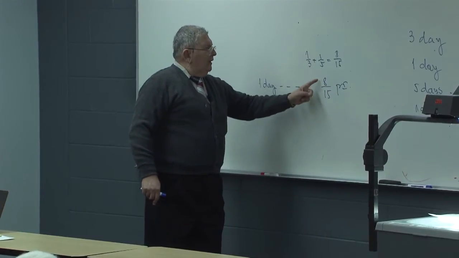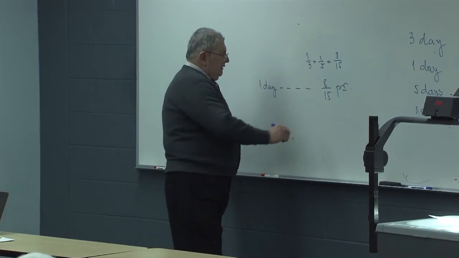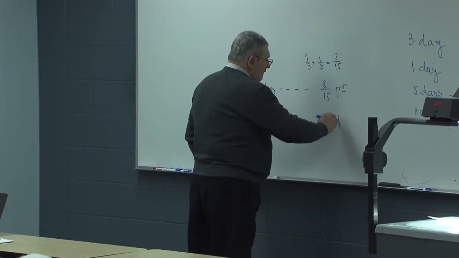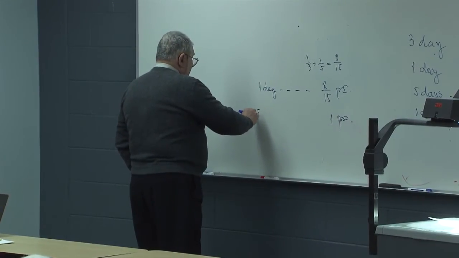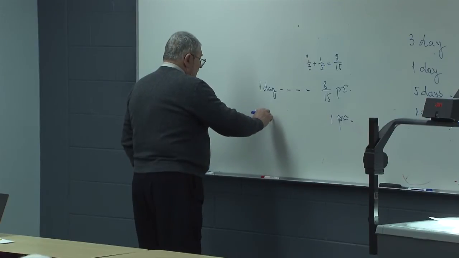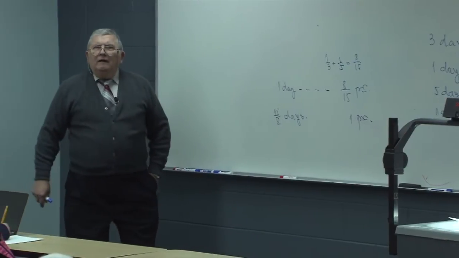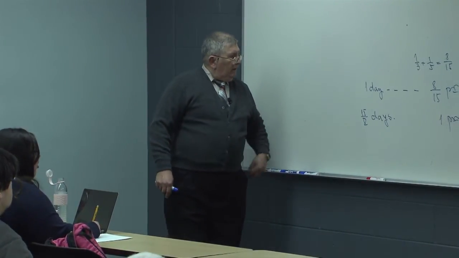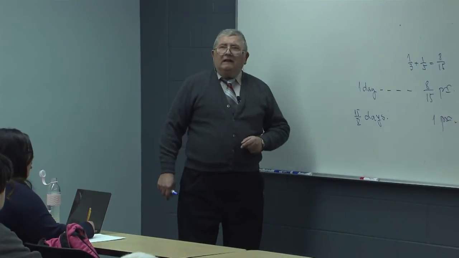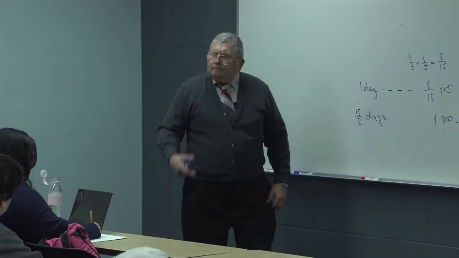So I will multiply both sides by 15/8, and I have the whole project in 15/8 days. So together they do the project in 15/8 days, which is 1 day and 7/8. Yes?